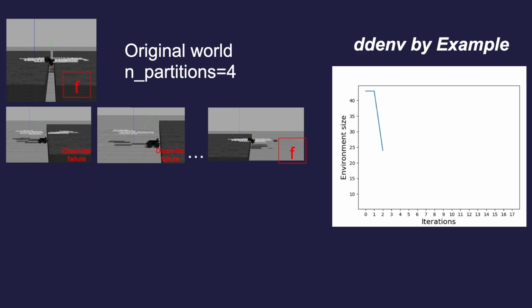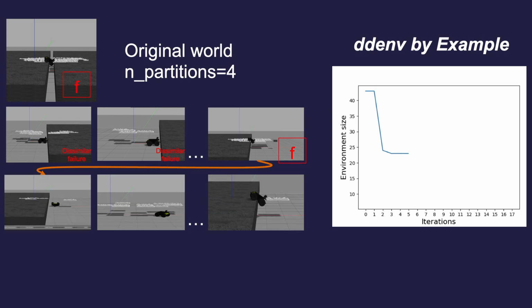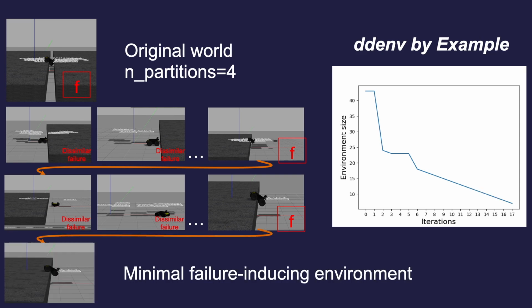Once a similar failure is reached, repartitioning is triggered, and that world becomes the new candidate for the minimal failure-inducing world. The process is repeated until the stopping condition is met. As the plot on the right shows, environment size is monotonically decreasing as the algorithm progresses.